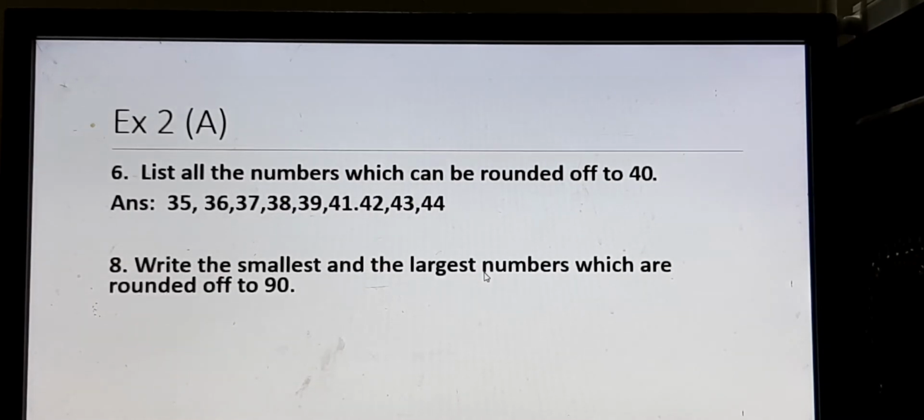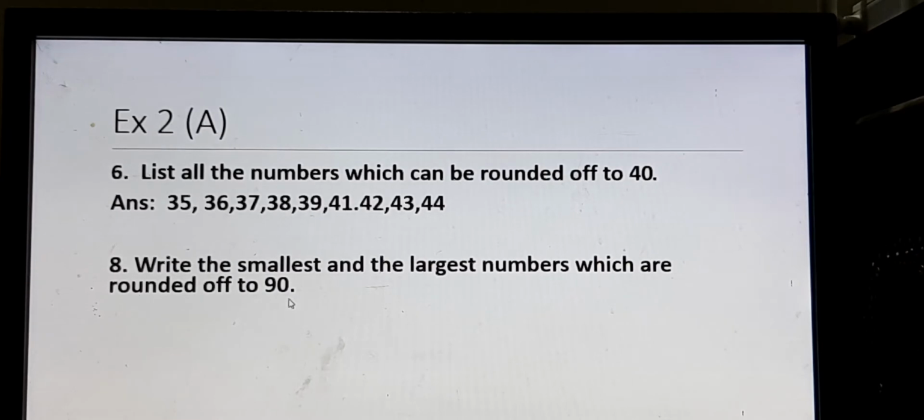This is another similar question. Write the smallest and largest number which are rounded off to 90. So, if we want to round off to 90, we should get some numbers before 90 and some numbers after 90. Before 90, you have to start from 85. So 85, 86, 87, 88, 89 can be rounded off to 90.